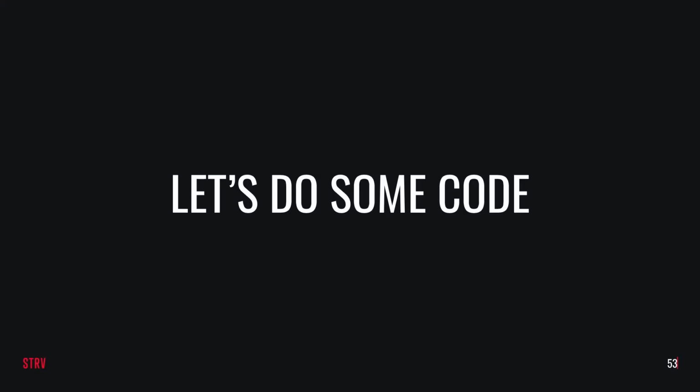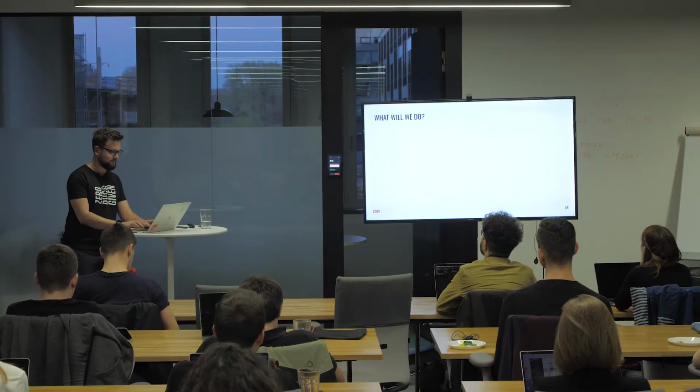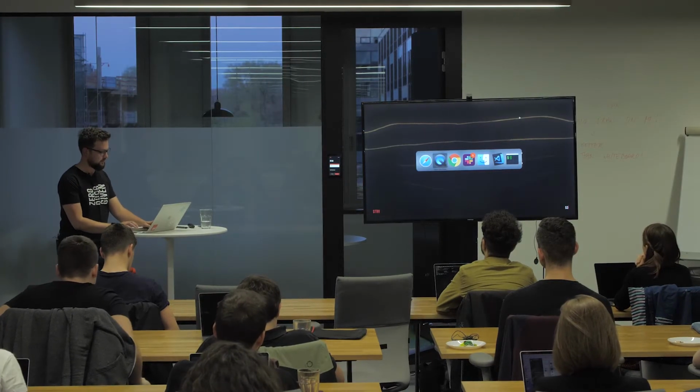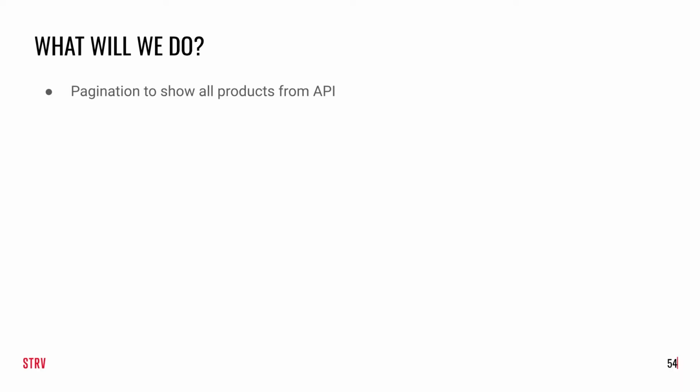So let's do some code. What we will do right now is add pagination to your project, because you probably saw that you can only show 25 products even when in Commerce Layer there are like 100 of them.